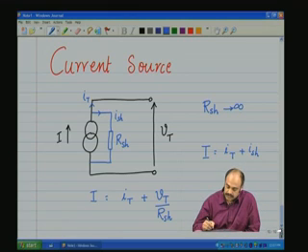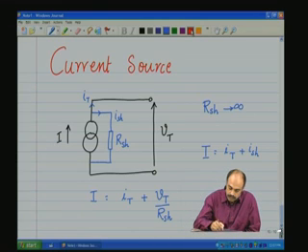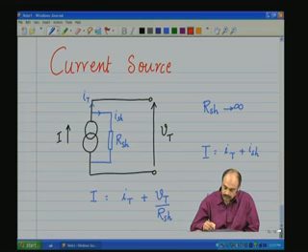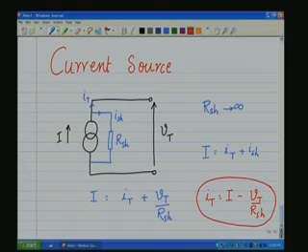Or in other words, if we rearrange this, we obtain terminal current equals the actual ideal source current value minus terminal voltage by R shunt. So, this would be the practical current source equation.